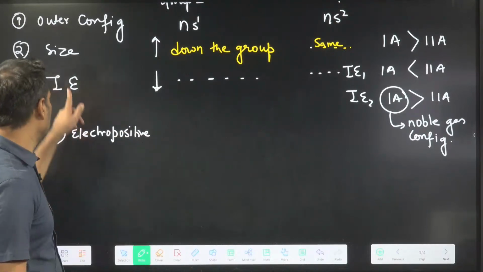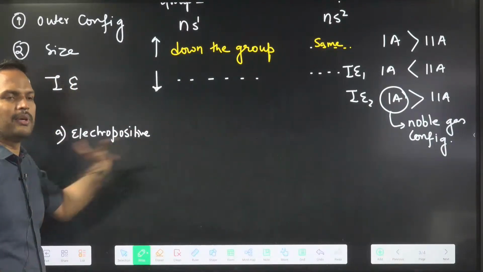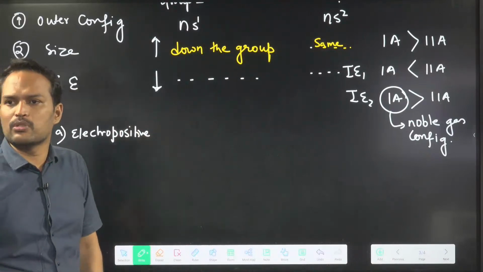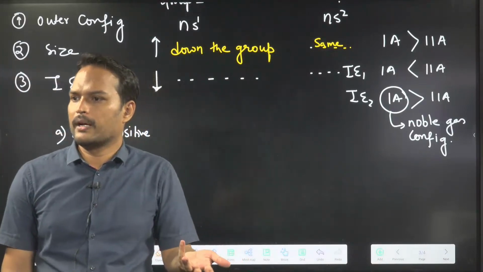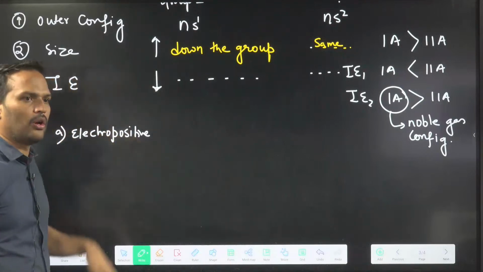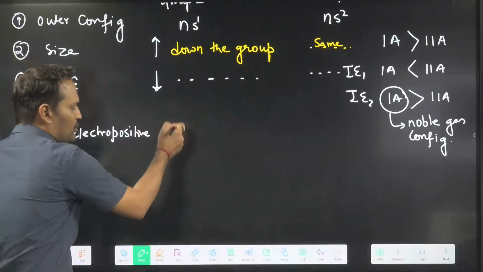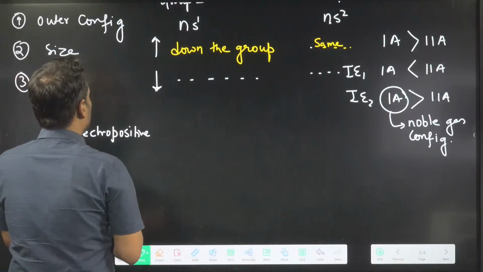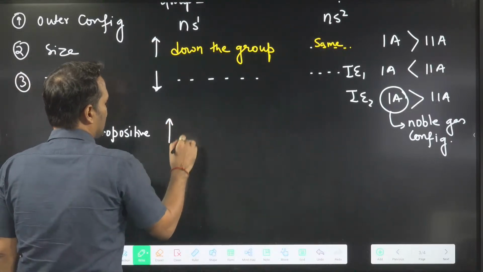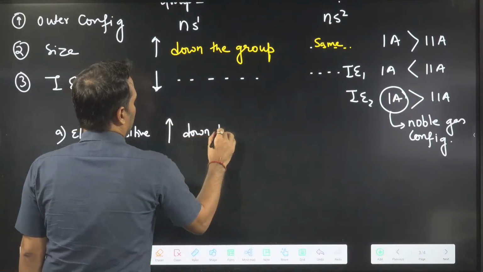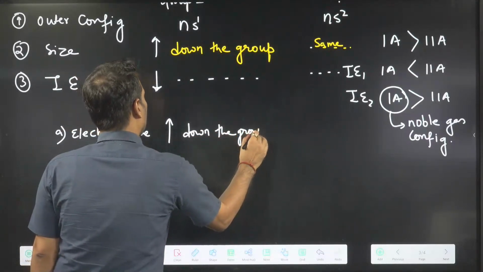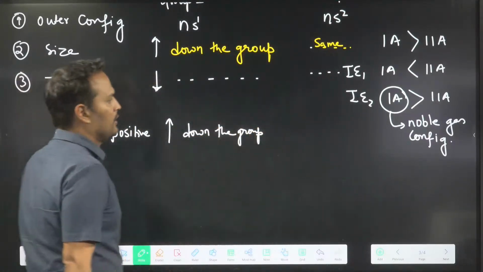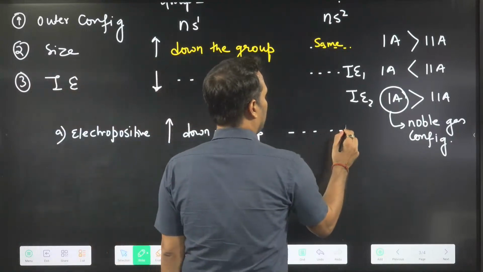Tell me quickly. Electropositive means become positive. Electronegative means become negative. Easily removed electron. So what do you think? Does electropositive nature decrease or increase down the group? Increases down the group. Clear? Here also same thing.